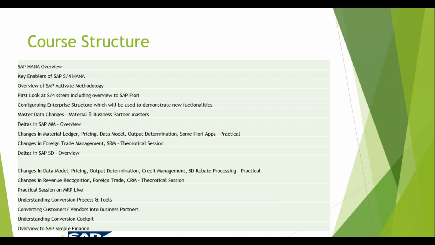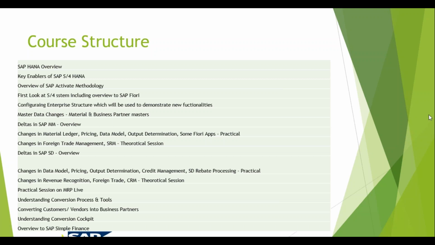What exactly are we going to learn in this course, what is in the scope and what is out of the scope. We are going to start off with the SAP HANA overview, in which we'll understand how SAP HANA is better than the traditional databases that we were using till now.